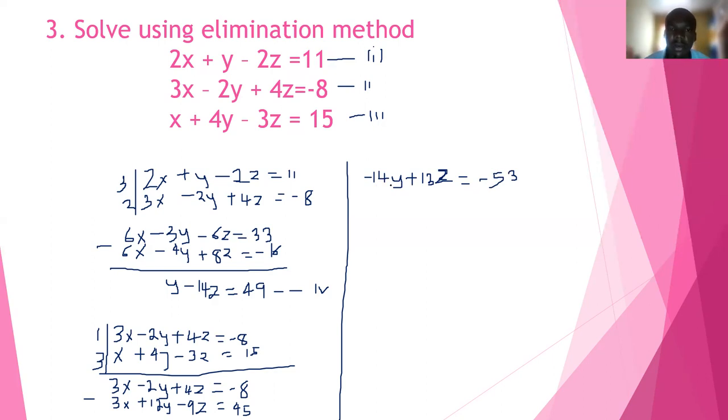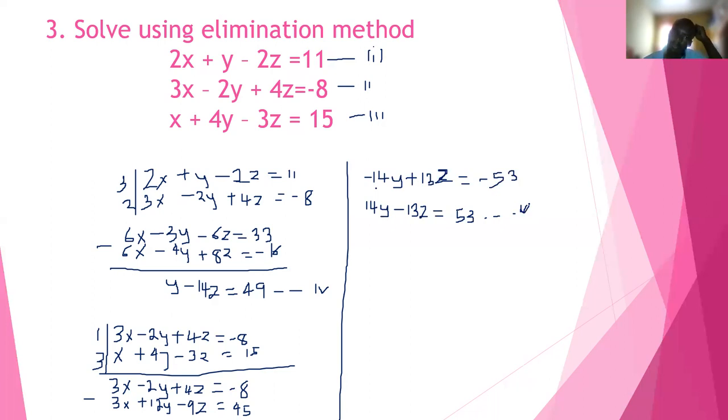Then we divide both sides by the negative, where we now have positive 14y minus 13z is equal to positive 53. So this one will be our fifth equation.